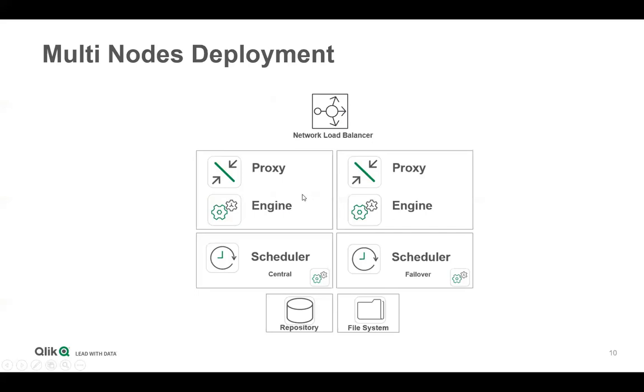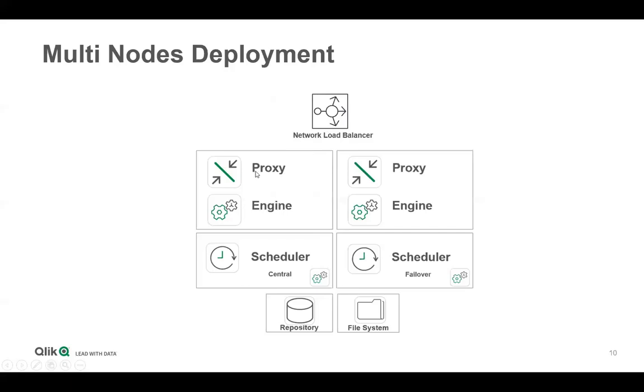To see that, we can explain why. First of all, we have 2 consumer nodes. With these 2 proxy services, we can make sure that in case any proxy is down, another proxy will be able to pick up the user's request from the network load balancer.